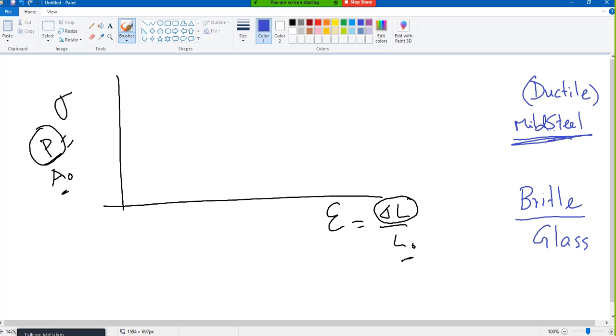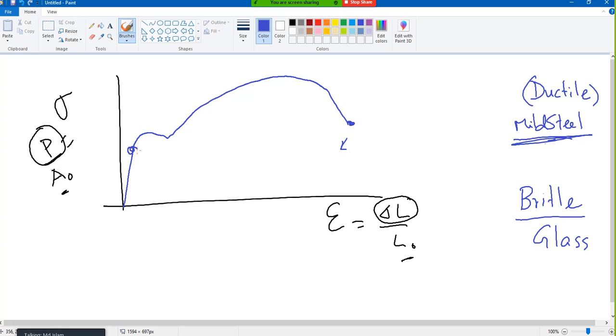Okay, so long story short, the diagram will be like this: at the beginning, a straight line, then some non-linear portion, then it comes to the top, then it may come down and go straight, then go up, reach the peak, and then come down again. Suddenly it will fail here.